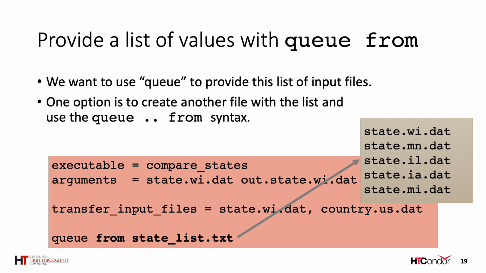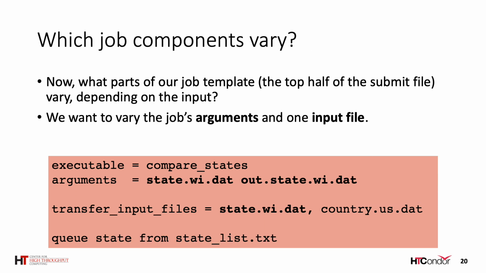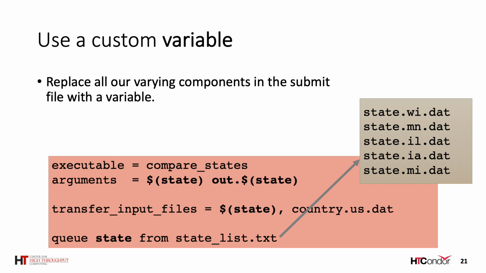And now I need to modify the top part of the submit file to reflect the job components that are going to change per job. Similar to before, my input and output arguments are going to be different for each job, and the input file that I transfer is going to be different. I'm going to replace these with variables, and as we've seen before, the $ parentheses notation indicates that this is a variable.